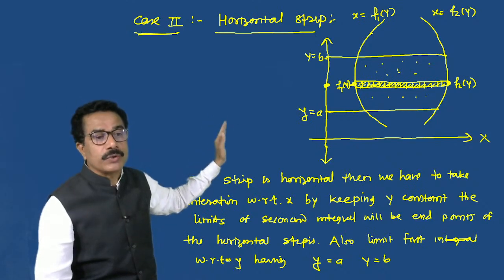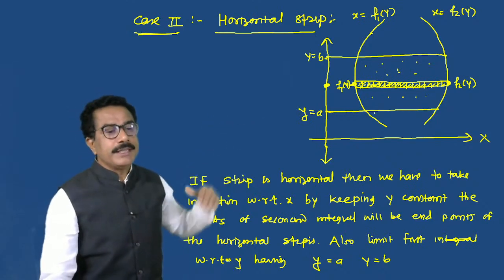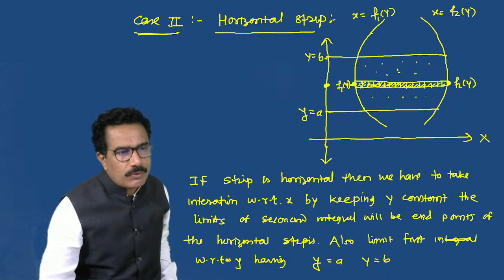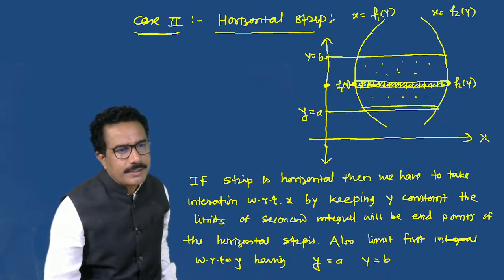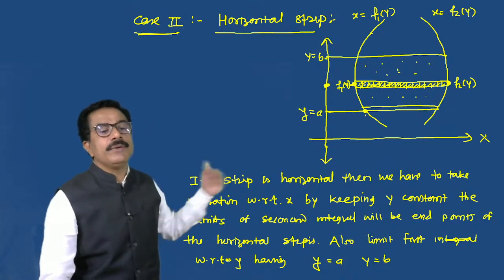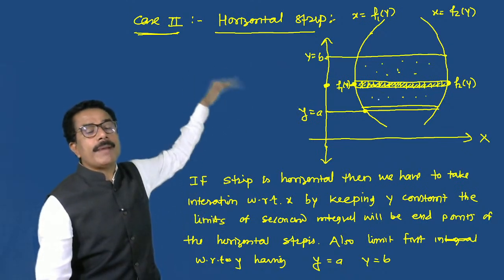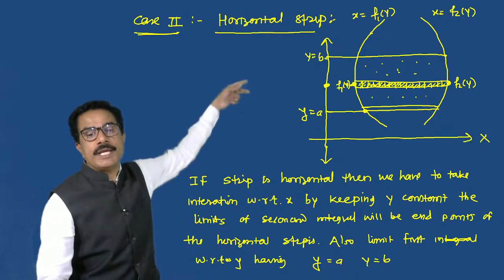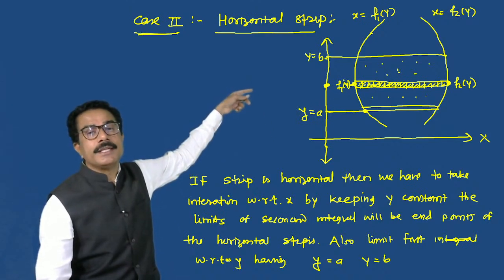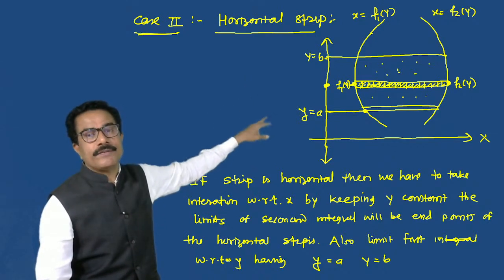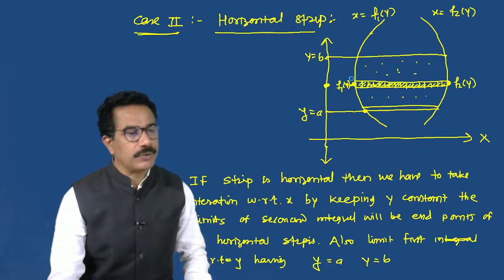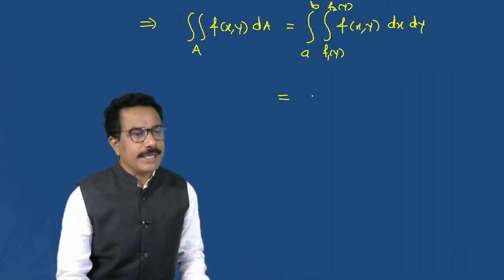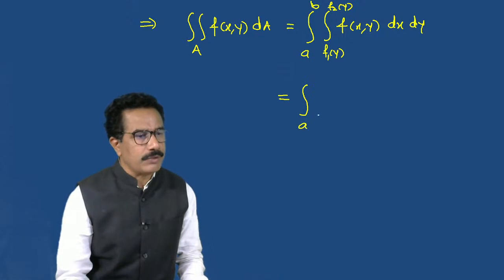First of all, we have to calculate the area of a strip. Then take such a number of strips. Now this is the starting strip, this is the first. Then we have to take the strips one by one from y equals a to y equals b. In that case, the limits of the first integral will be y equals a to y equals b. So how can we calculate this integral from a to b? This is a function of y.